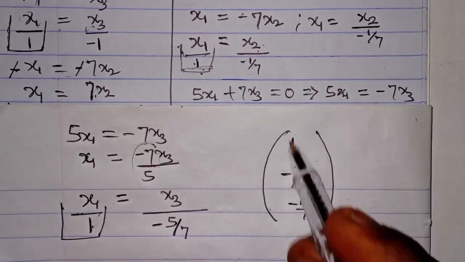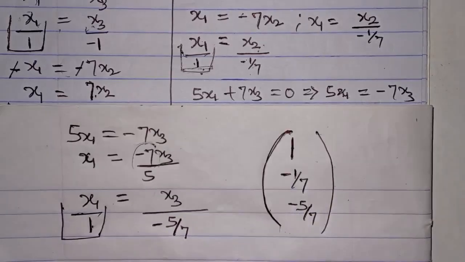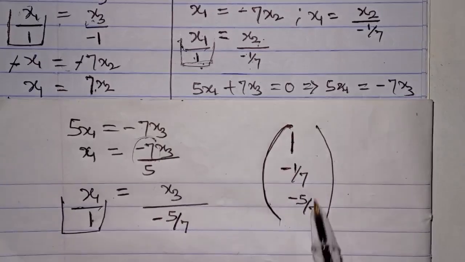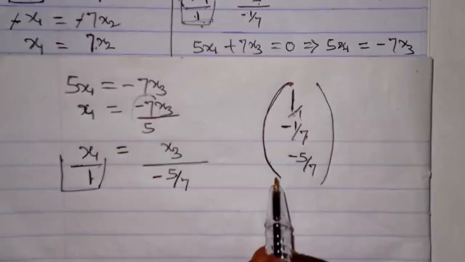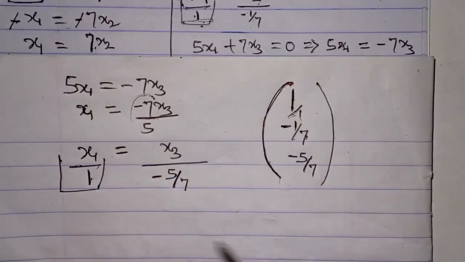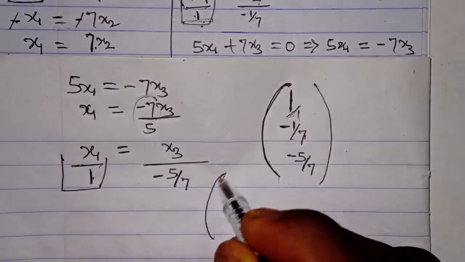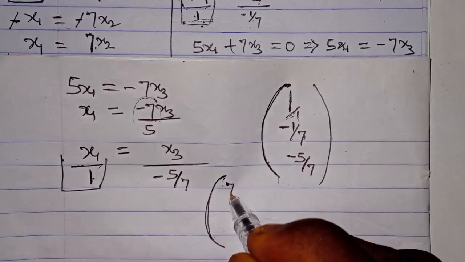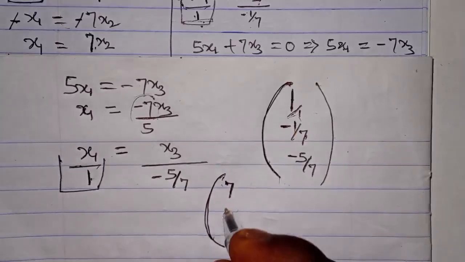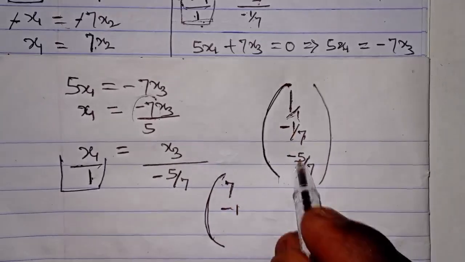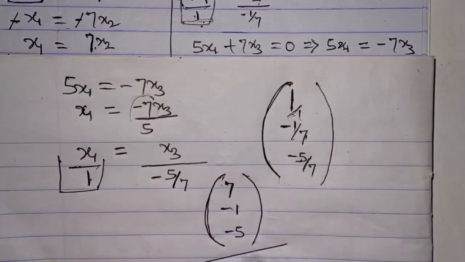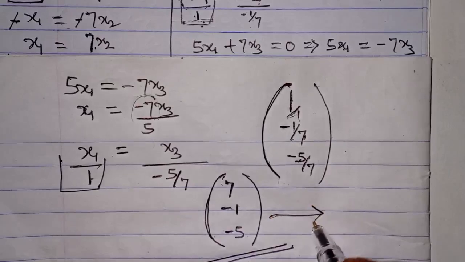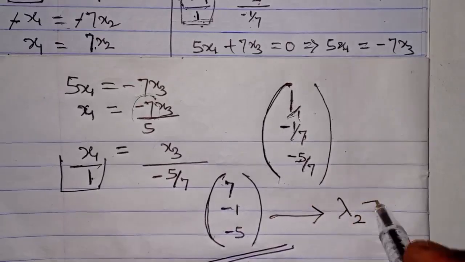We can do away with the fractions by multiplying through by 7, because 7 is the LCM of all the denominators that we have. So 7 times 1 is 7, 7 times this is minus 1, and 7 times this is minus 5. So this is the corresponding eigenvector of lambda 2 equal to 1.